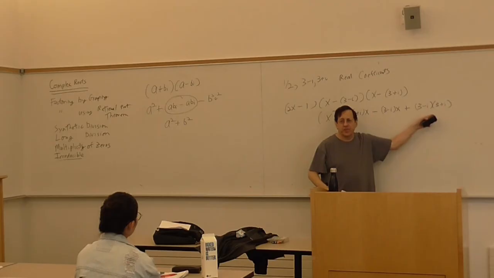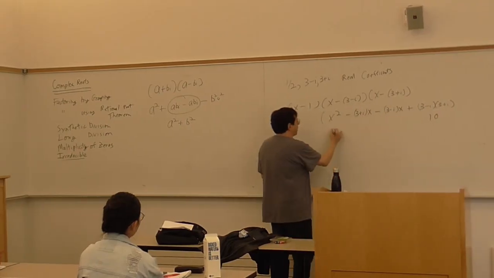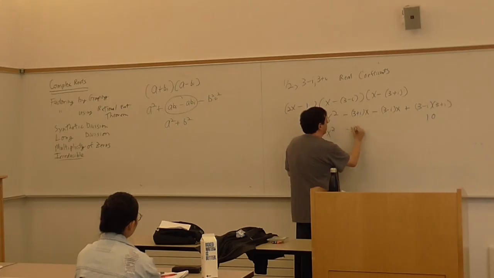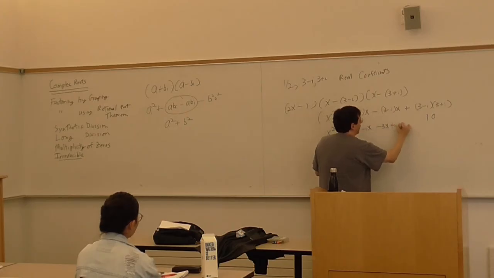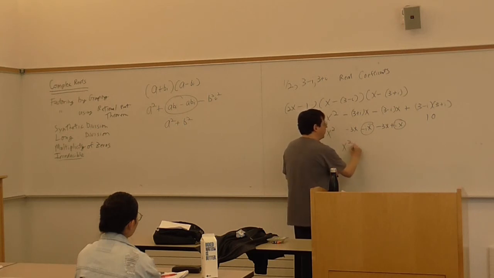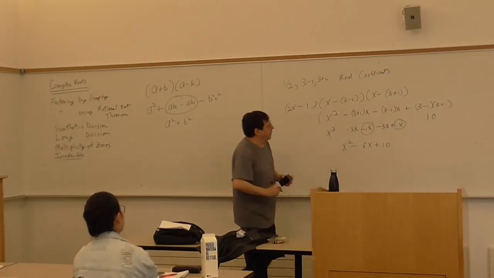Well, that's good, because that's going to be real, right? That's going to be 9 plus 1 or 10. That's real. Minus 3x minus ix minus 3x plus ix. Oh, these are going to cancel. I get x squared minus 6x plus 10. Hooray!